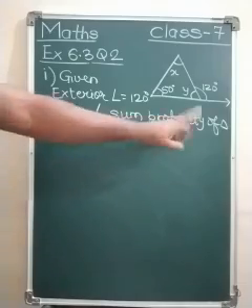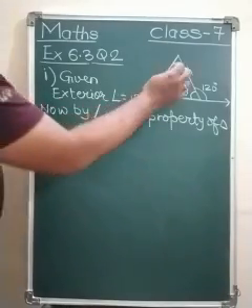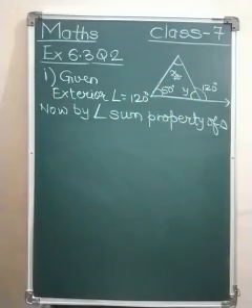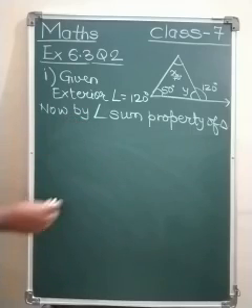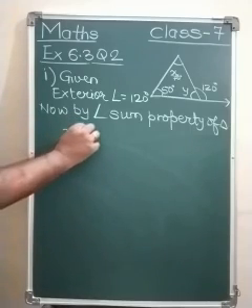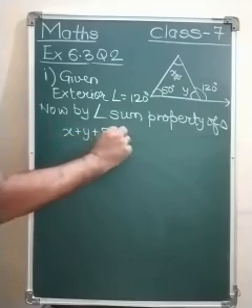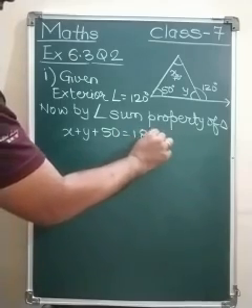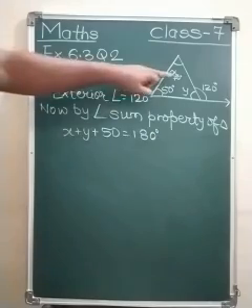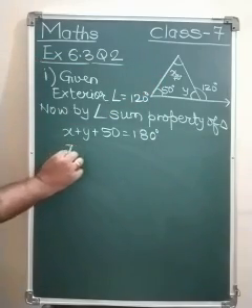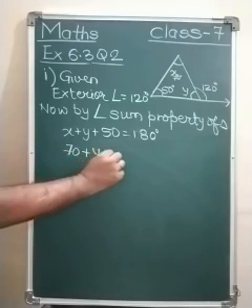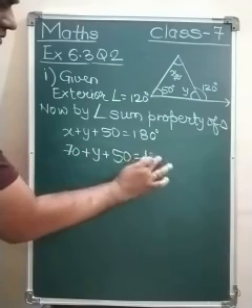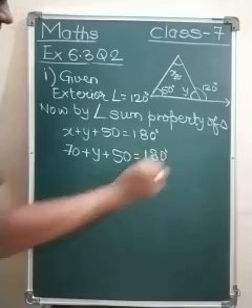Now, by angle sum property of a triangle, x we know is 70 degrees. So x plus y plus 50 equals 180 degrees. X already we know is 70, so 70 plus y plus 50 equals 180 degrees.